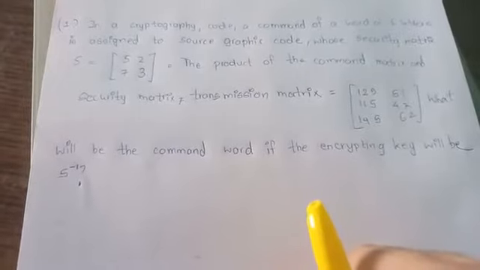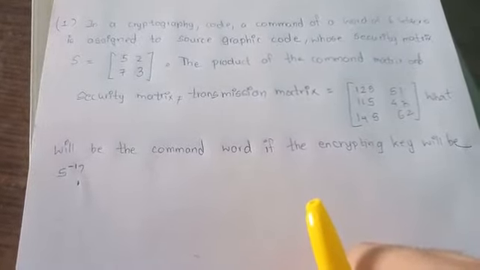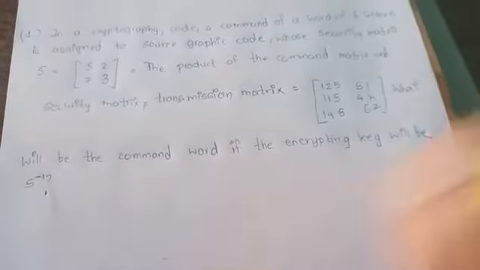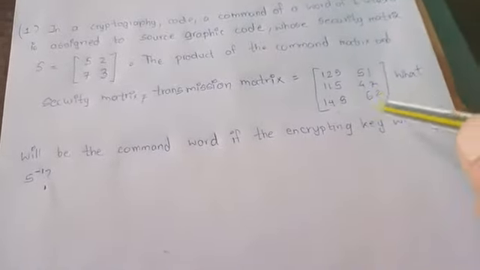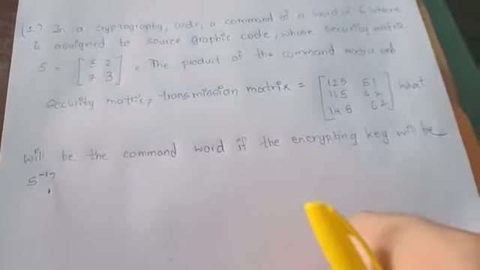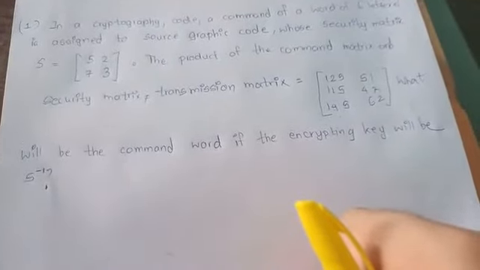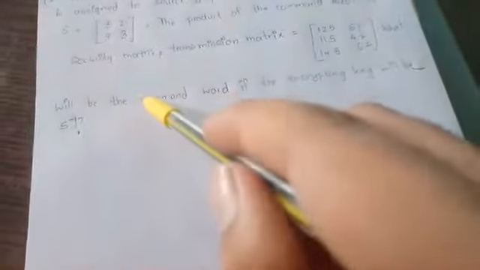The product of the command matrix and security matrix, that is the transmission matrix, is [125 51; 115 47; 145 62]. What will be the command word if the decrypting key is S inverse? Now we have been directly given that the decrypting key is S inverse. So we can use the above algorithm to find out the command word.